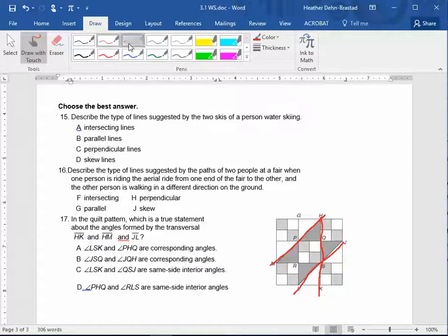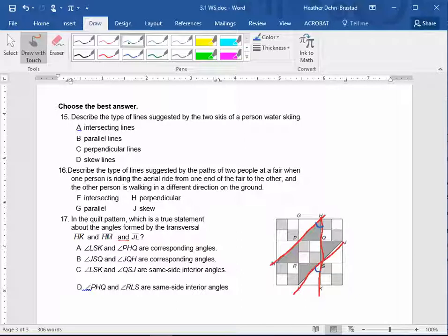Let's go through A. Angle LSK would be this angle, and angle PHQ would be this angle. It says that they're corresponding angles. Do they look like corresponding angles?